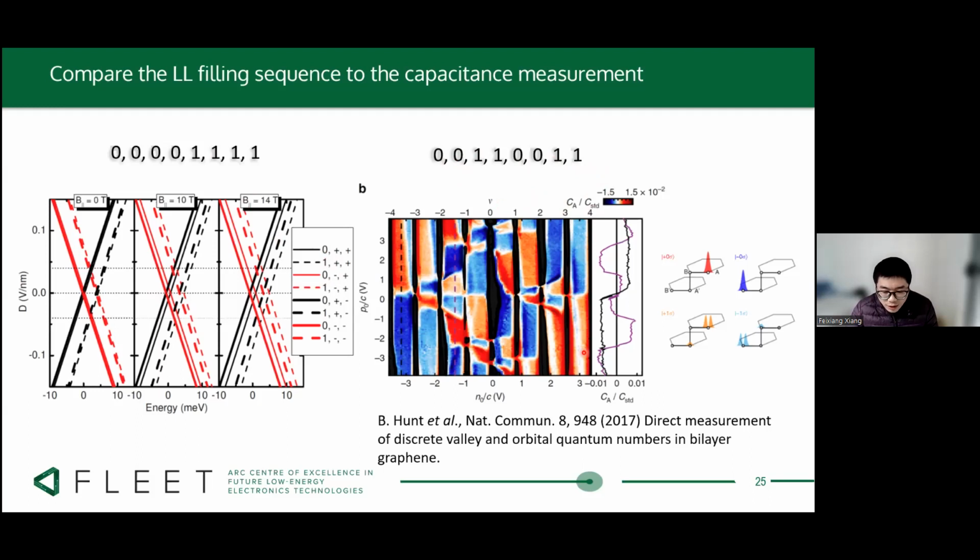So the inconsistent crossing in high displacement field and the incorrect filling sequence remind us that something is missing in the theoretical modeling.